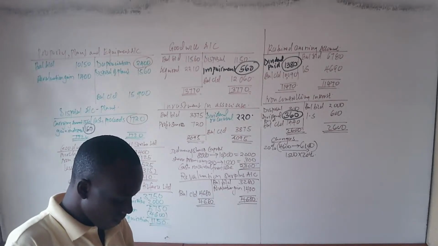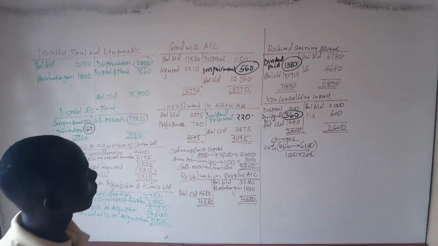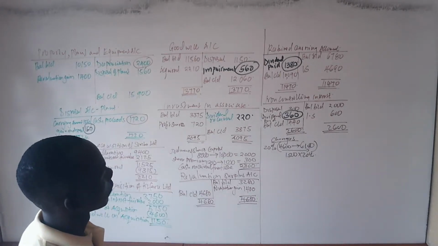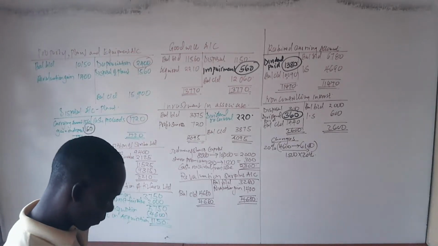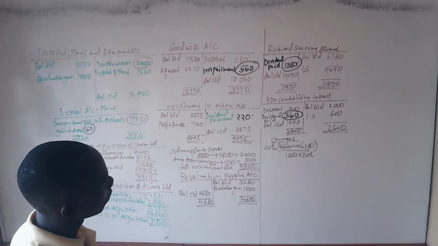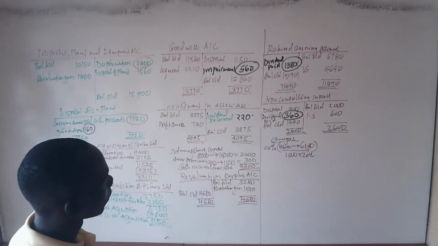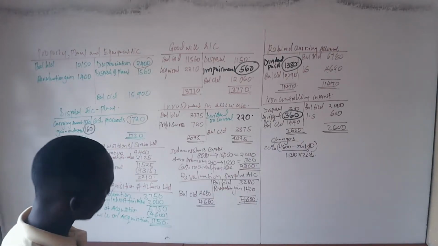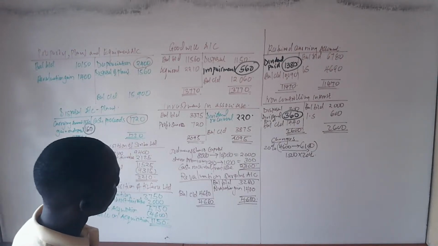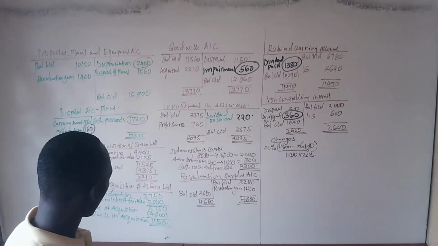So then from there, 2,000 plus 600, then plus 21.25, then minus 1,940, then minus 100.